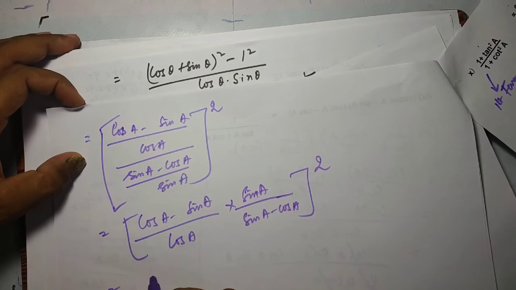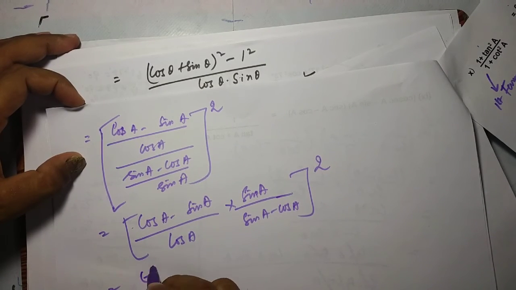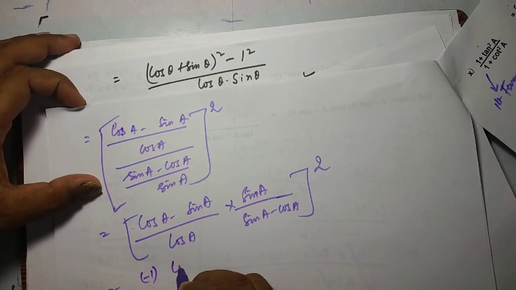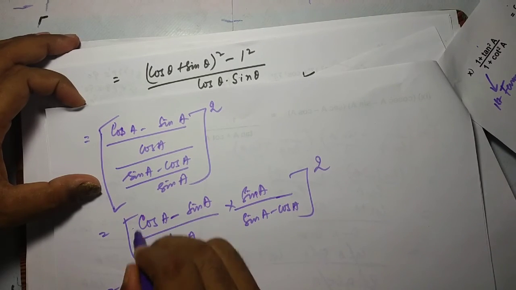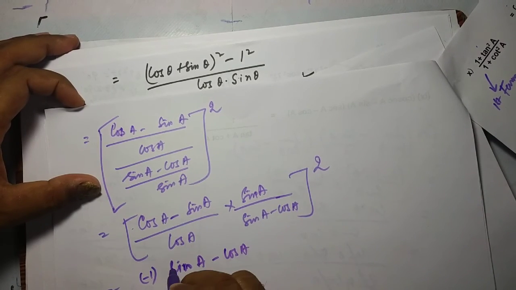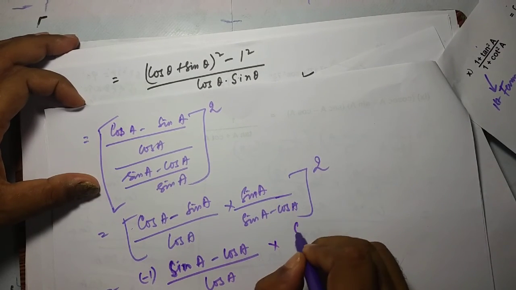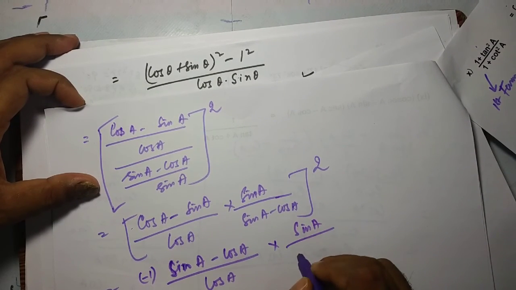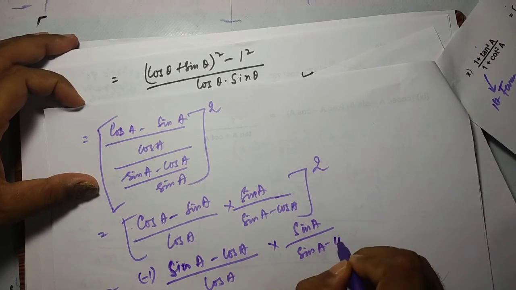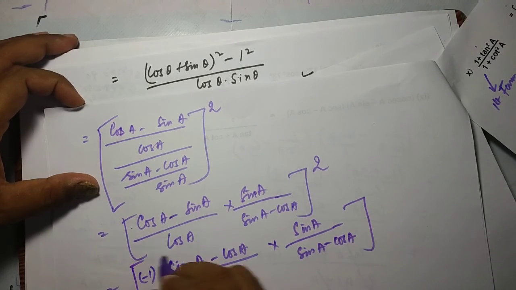So this is cos A minus sin A, which you can write as minus common, and inside it becomes sin A minus cos A. This is because we have taken the minus common. So this is sin A minus cos A over cos A into sin A over sin A minus cos A, and this is whole square.